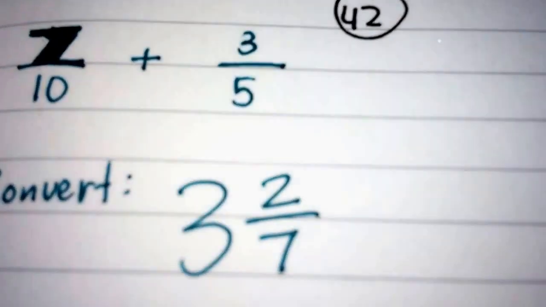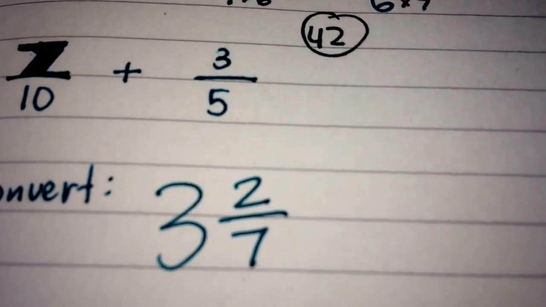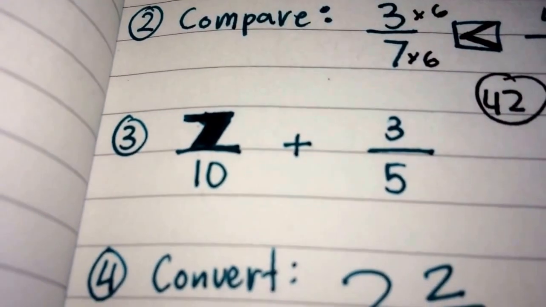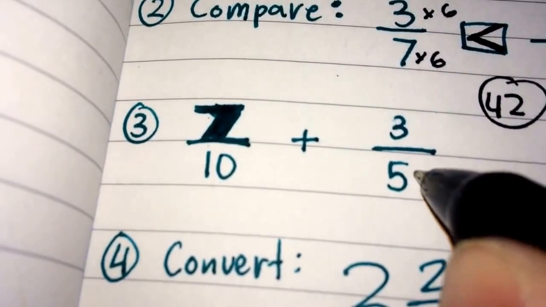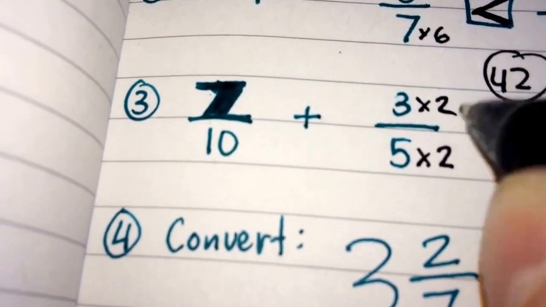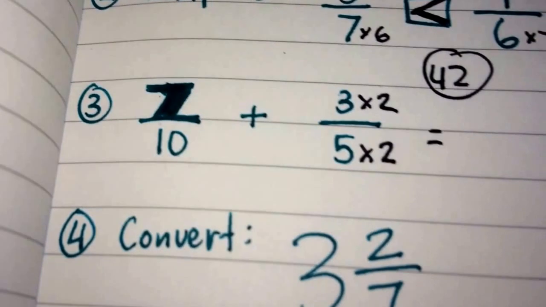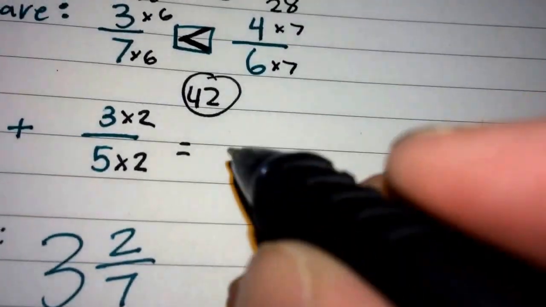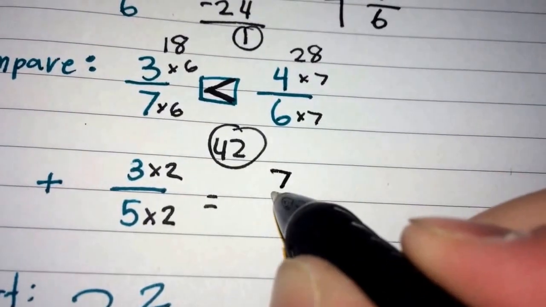All right. I've got 7/10 here with a big fat 7 and 3/5, and I need to add these up. Well, I need to find a common denominator before I can do anything. So I'm going to do times 2 here, times 2 here, and I'm going to rewrite my whole problem, as I always ask you to do, because it's just better for your mind if you rewrite the whole problem.